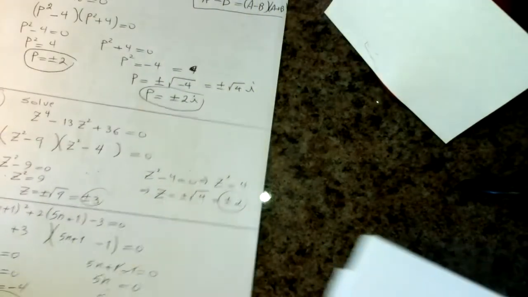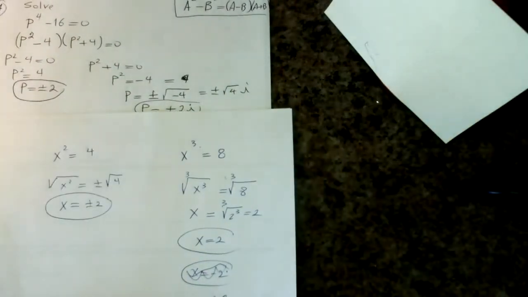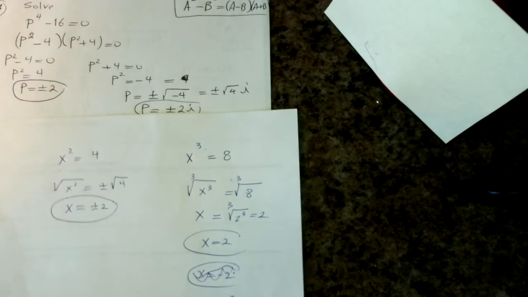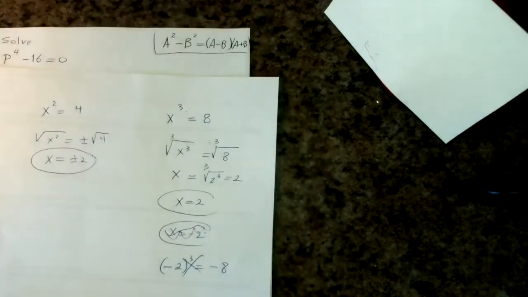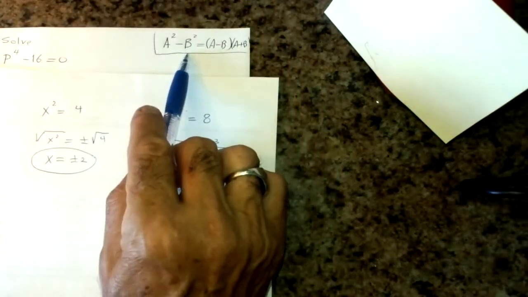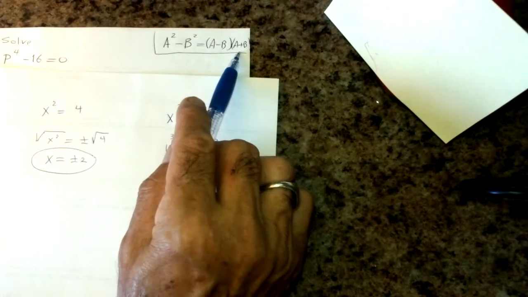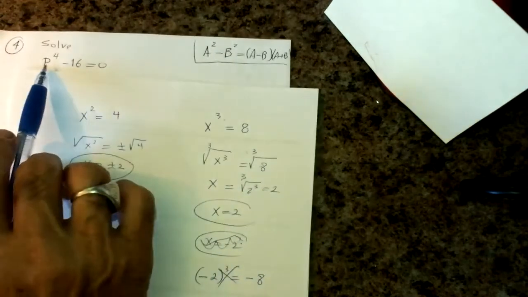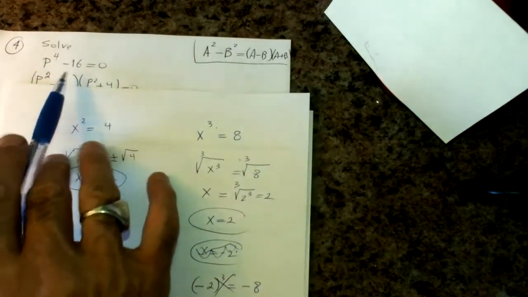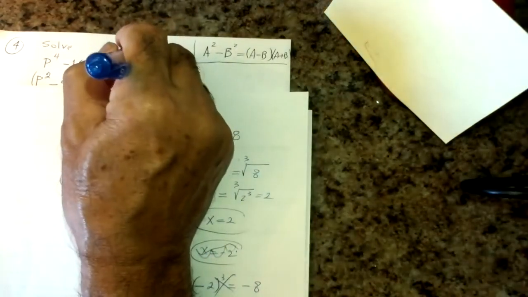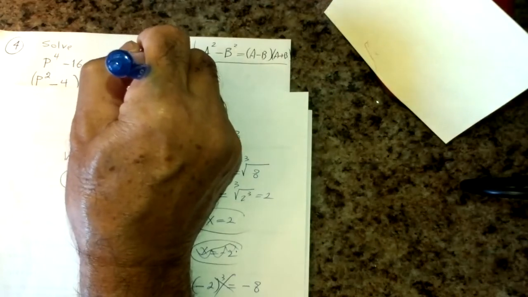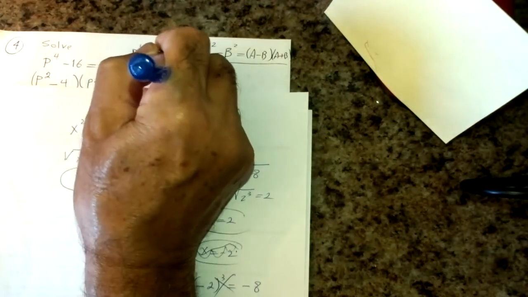So now we are using this property for these problems. Look, this one, we had this formula that the difference of two perfect squares is a minus b times a plus b. The same thing, because 16 is what? 16 is 2 to the power of 4.